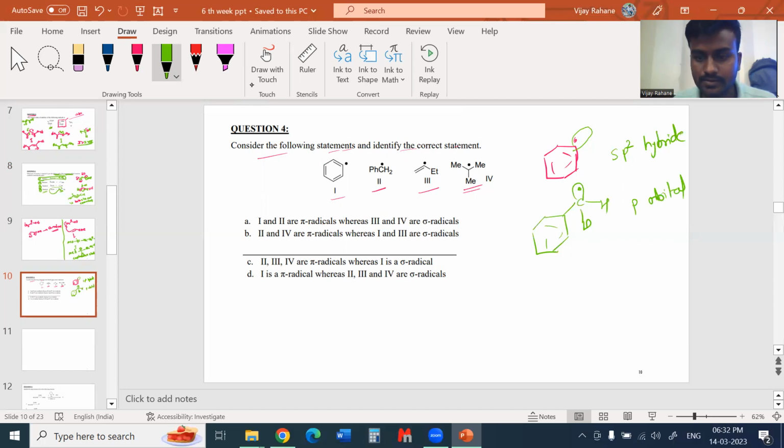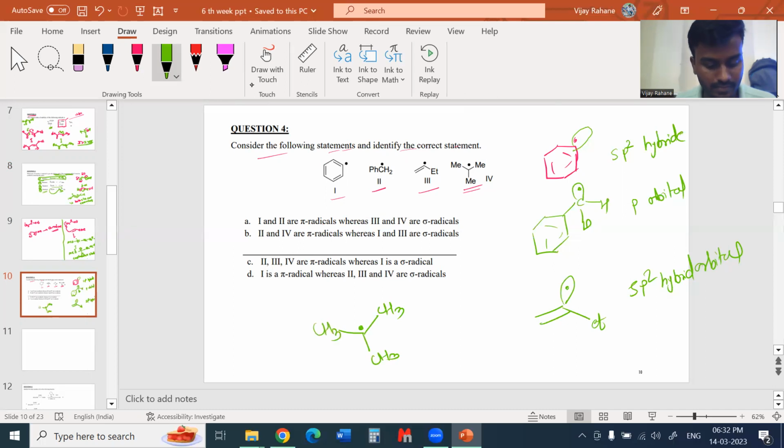In the third one, this radical is again in an sp2 hybrid orbital. And in this methyl one, this radical is on the carbon atom which contains a p orbital.